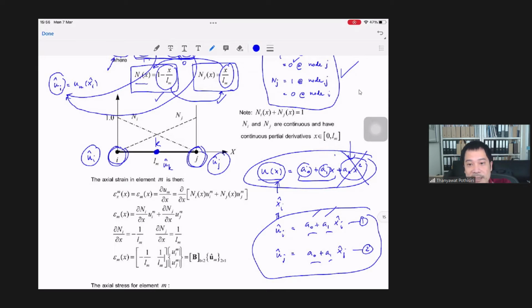So you have three pieces of data, i, j, and k, and you can use three pieces of data to solve for three unknowns. But now, since you have only two nodes, at most you can solve for two unknowns. So based on this approximation equation, you can have only a linear function at most to approximate your displacement.